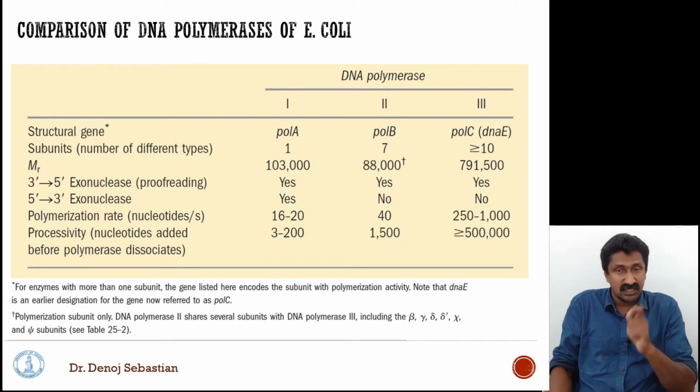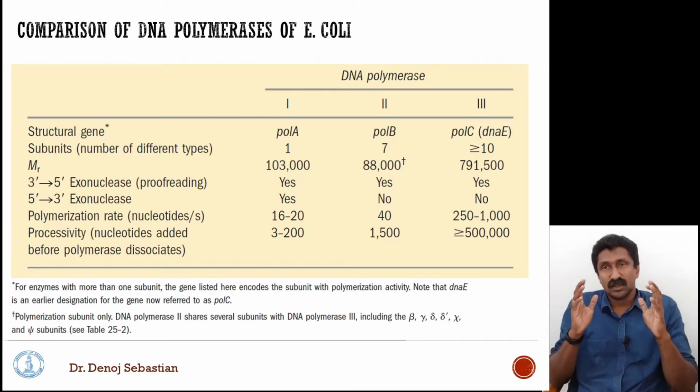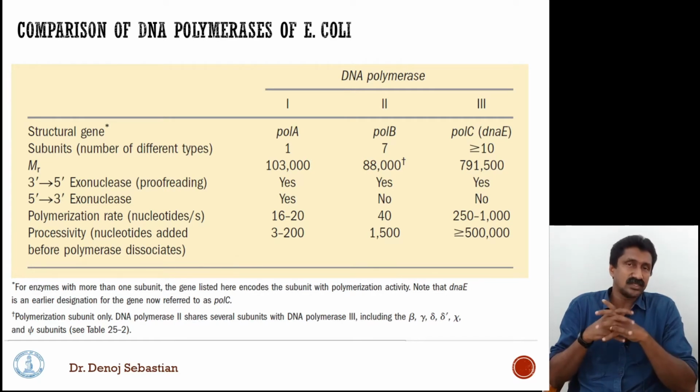The DNA dependent DNA polymerases, which are used for the replication process of both prokaryotes and eukaryotes, will be discussed during these sessions. Initially, since we are dealing with prokaryotic DNA replication, we have to learn the details about the DNA polymerases used in prokaryotes.